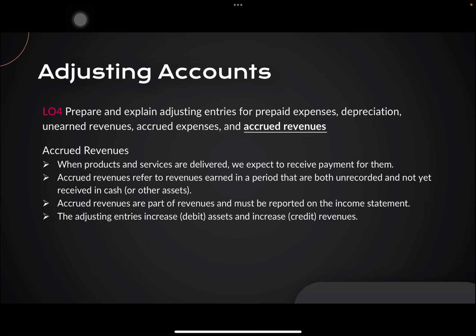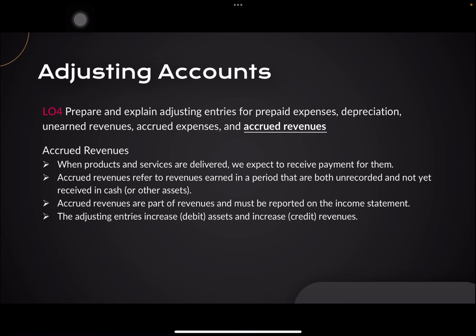Accrued revenues refer to revenues earned in a period that are both unrecorded and not yet received in cash, or not yet paid to you via other forms of assets. The bullet point number two, what's important here, says that these are revenues earned in a certain period.